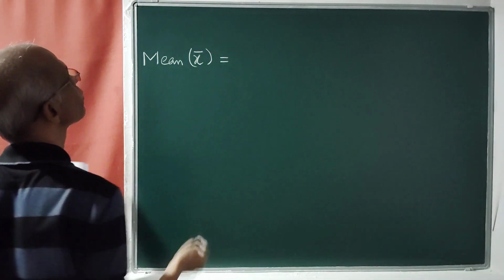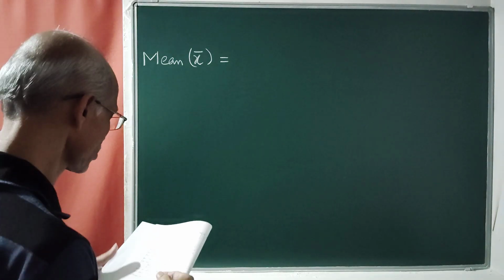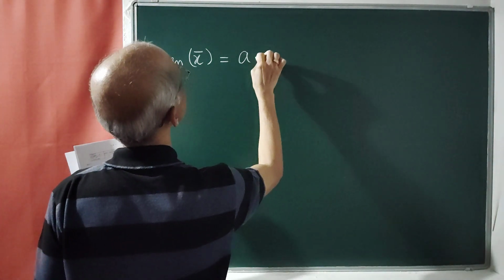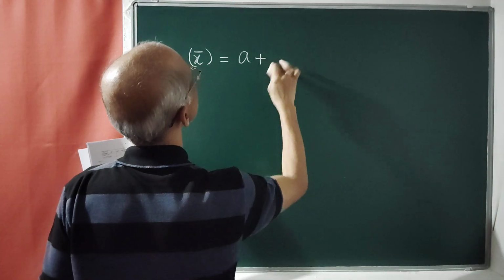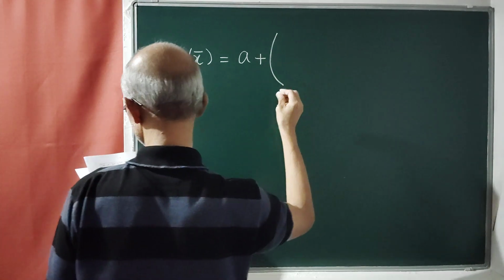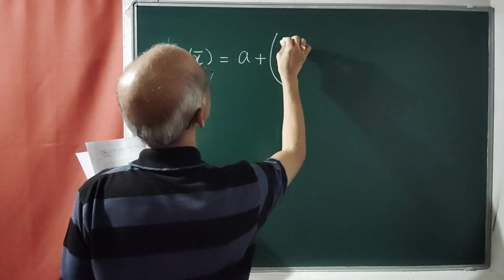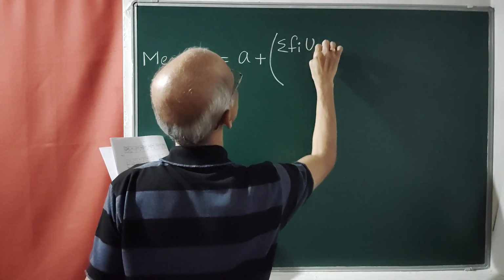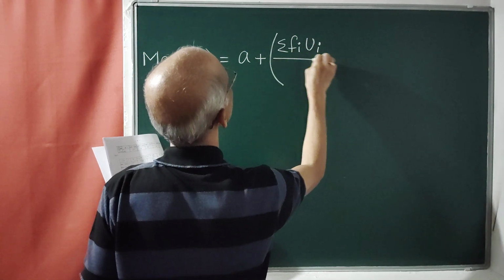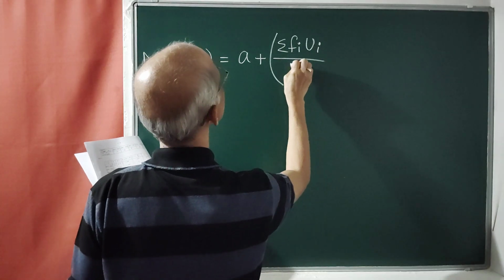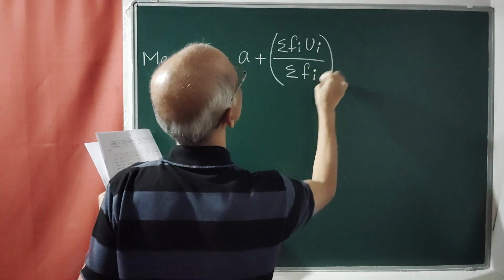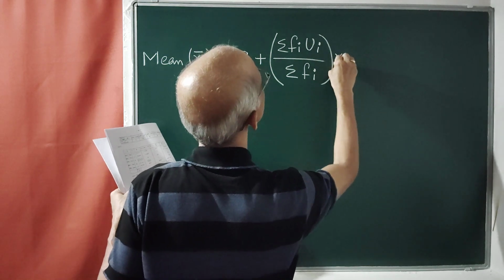This is the formula for the step deviation method, because we have used the step deviation method. So A plus sigma FyUy by sigma Fy into H.